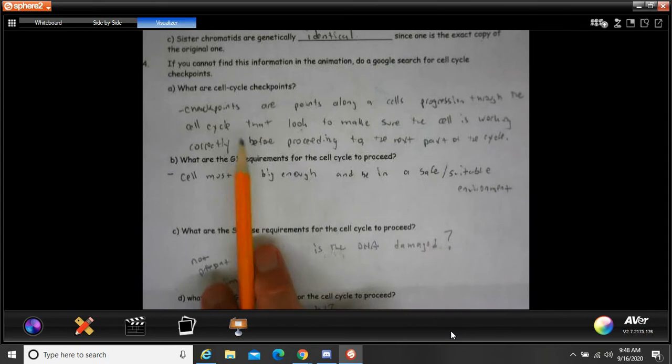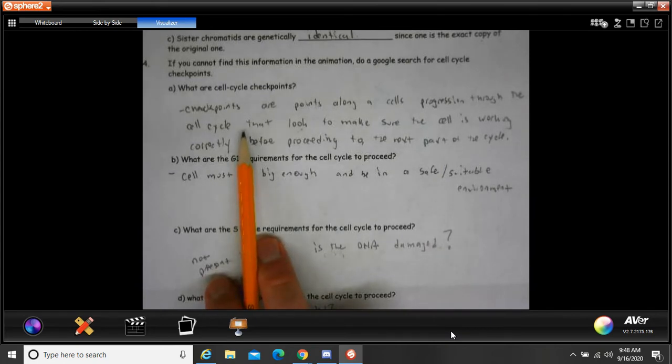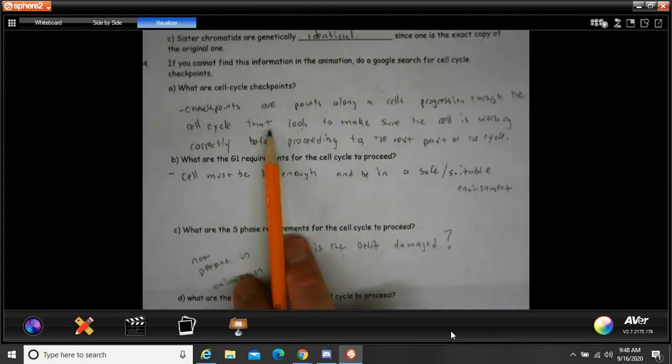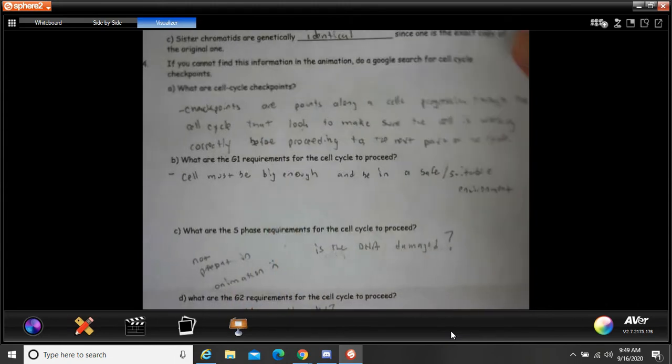Essentially, if the cell is not meeting the requirements of those checkpoints, the cell cycle stops. It could be permanently stopped, or it could be just temporary. You could do more research into that, but they are simply checks to see whether or not the cell should proceed forward in the process, stopping it from proceeding if it's going to be bad. And we'll talk briefly about that as we move forward through these different spots.